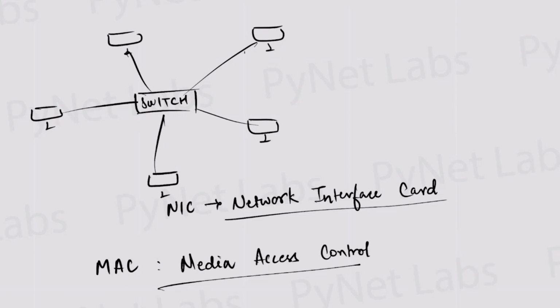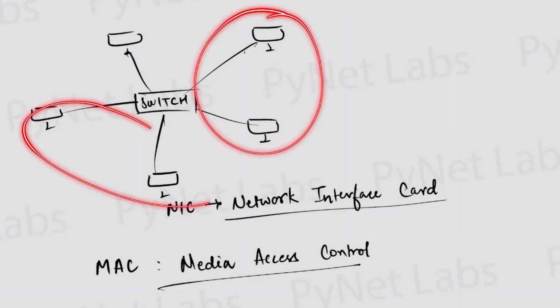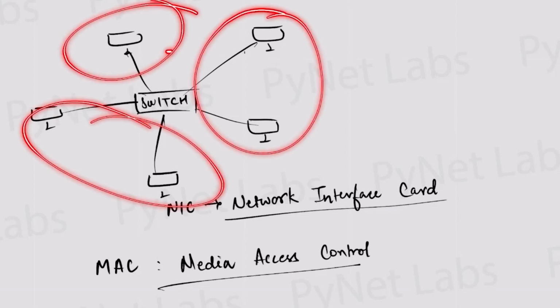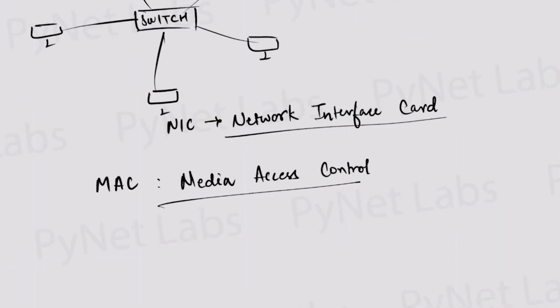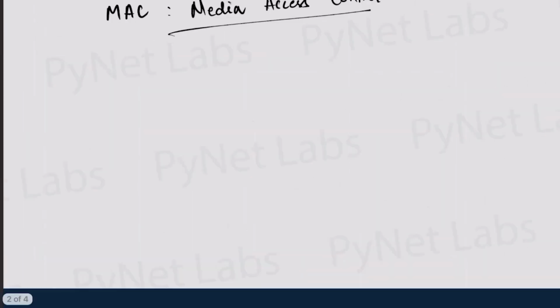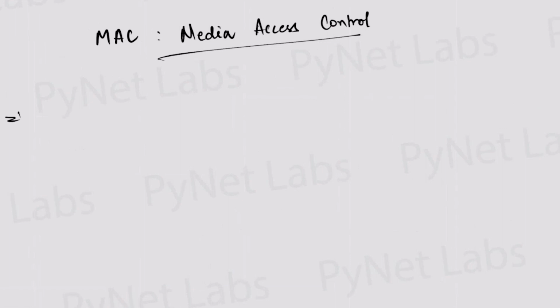But in simple terms, you can say a switch gives you the ability to create logical groups like this, so that this group cannot send anything to the other group. That kind of feature is available with the help of a switch. Then the next very important device related to networking is the router.